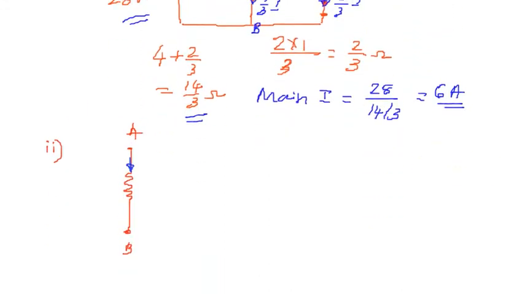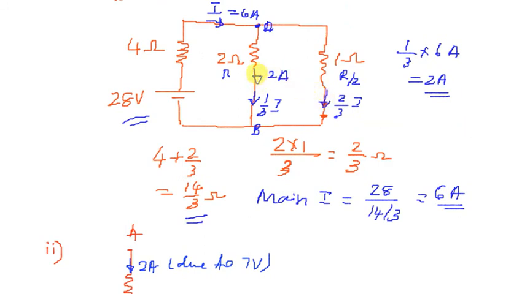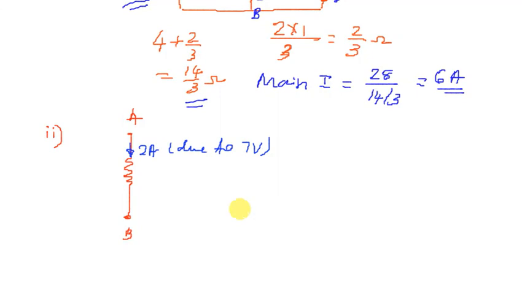So that is what I have to write here. So it is 2 amps due to the 7-volt battery. And just now we made a calculation which shows again 2 amps current flowing through this resistor downward due to the 28-volt battery, right? So one more current that I have to treat downward is also 2 amps, which is due to the 28-volt battery.